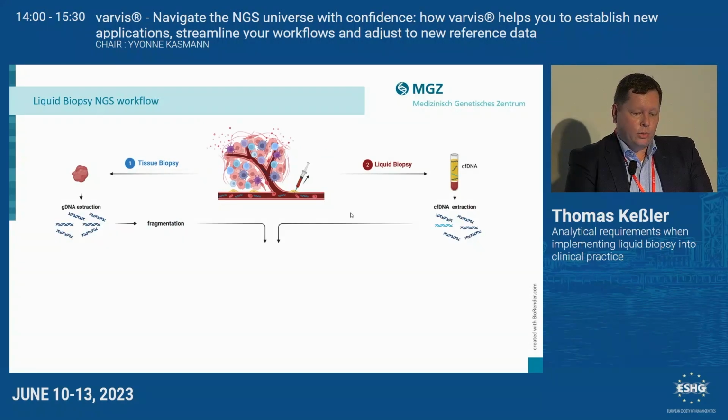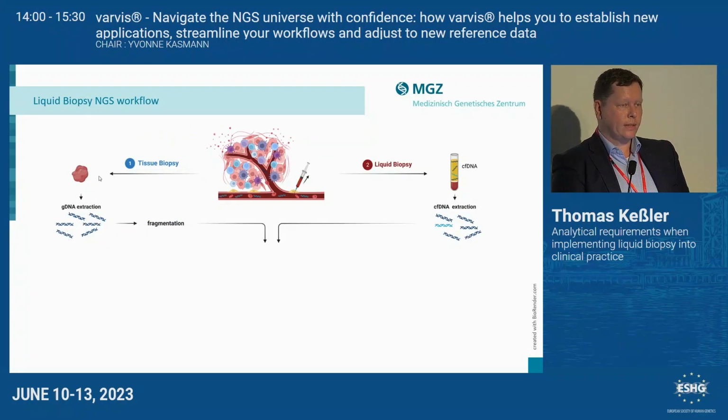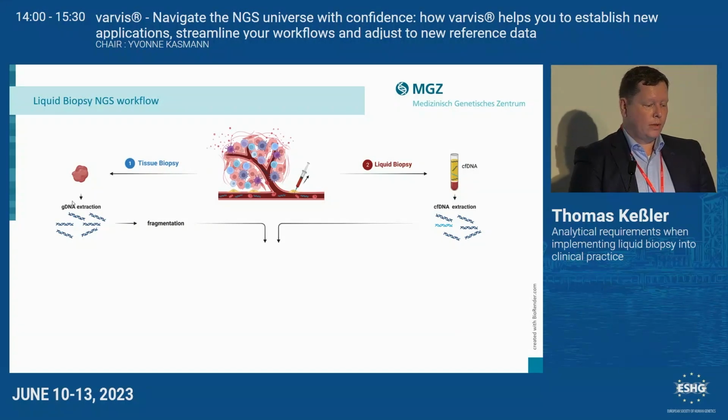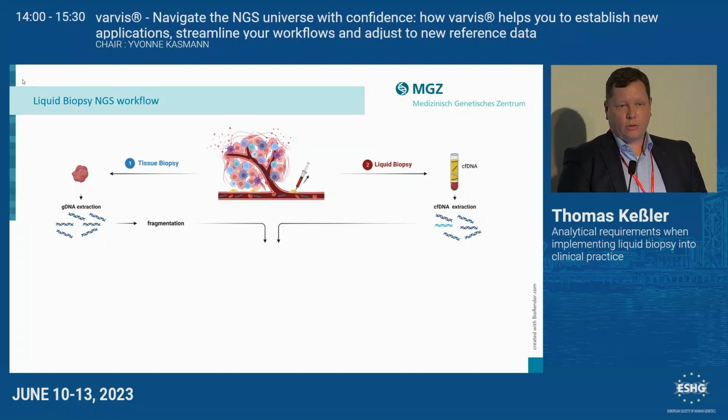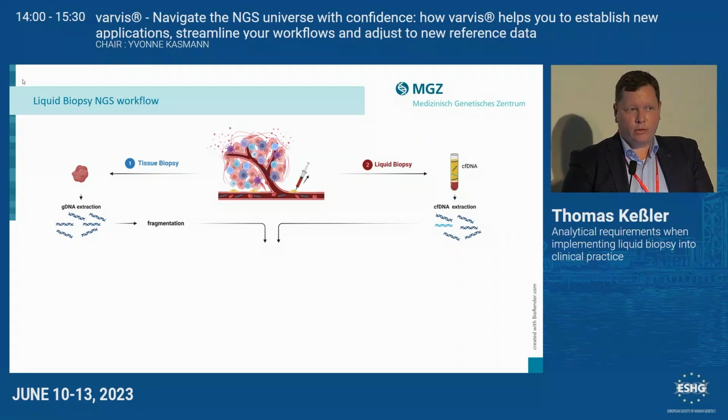So what we're doing would be, for example, either you look at a tissue biopsy, you extract the genomic DNA, you fragment it to make it analyzable by NGS technology, or you take a liquid biopsy, you extract the circulating cell-free DNA, which is already fragmented to some degree, and has its specific fragmentation profile if it's coming from the tumor.